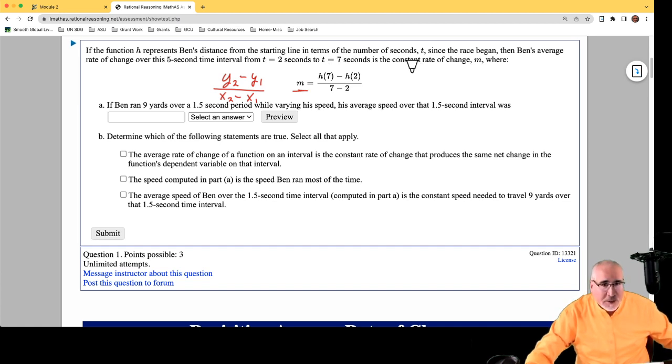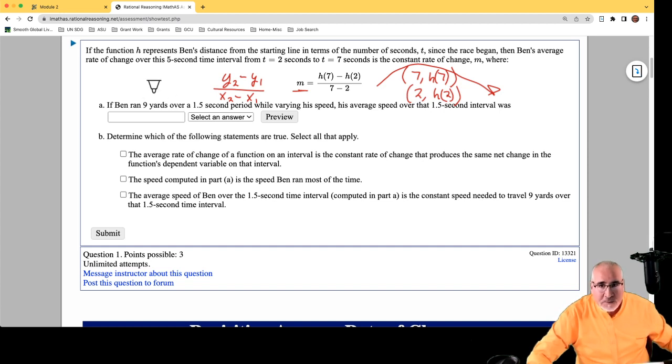Okay, so we could think of these as the point 7, h of 7, and the other point would be 2, h of 2. So that's how we would recognize it in general. Again, the bottom is going to be a difference of 5, and now they don't actually give us the function.